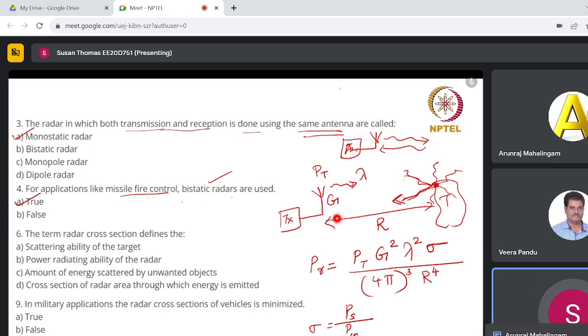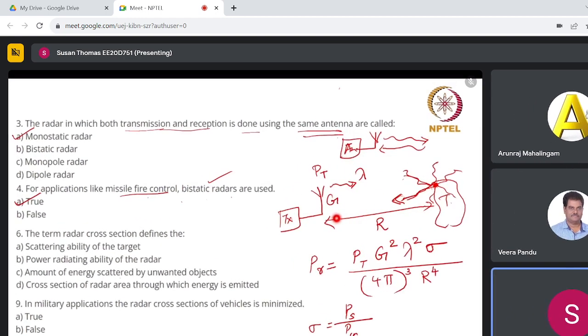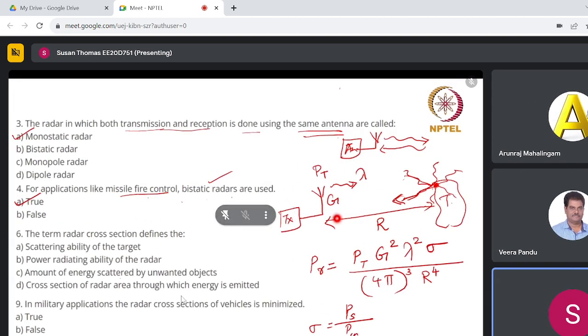What is radar cross section? Yes, radar cross section gives you the scattering ability of the target.